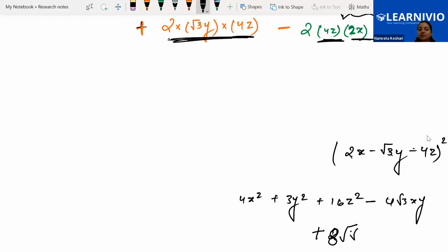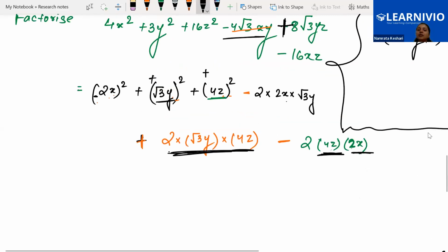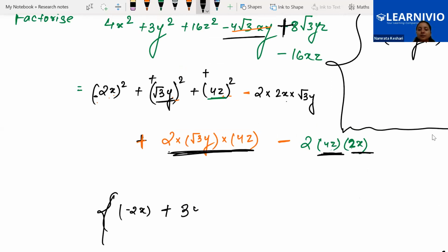Can you see it? This is y, this is z. Okay, and the last term will be 2zx. That will also be negative. Whatever I have taken, I am taking that it is minus 2x plus root 3y plus 4z whole square.